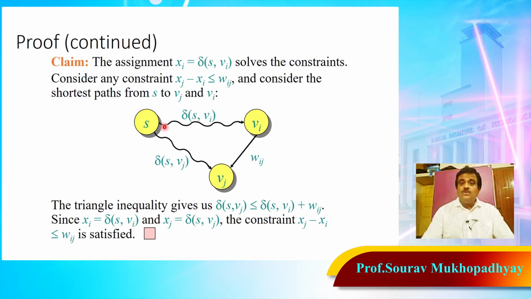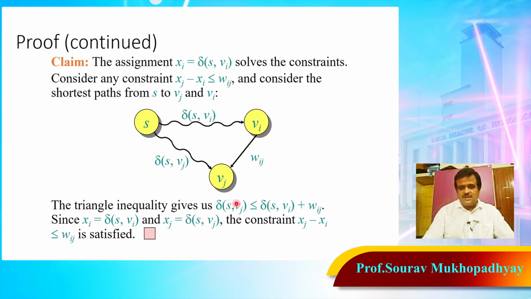Now, we know the triangle inequality. The triangle inequality tells us that the shortest path from S to Vj must be less than or equal to the weight of any other path. This is the shortest path and this is one path, so the shortest path must be less than or equal to the weight of this path. The weight of this path is delta of S comma Vi plus Wij.